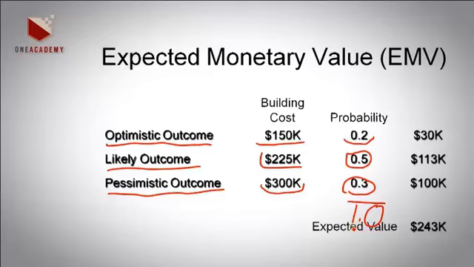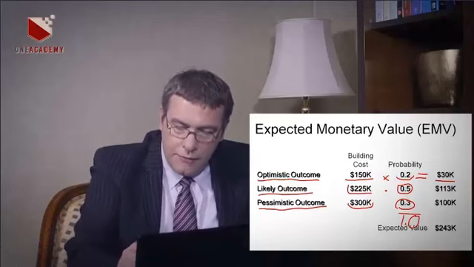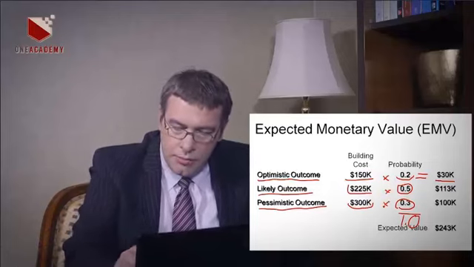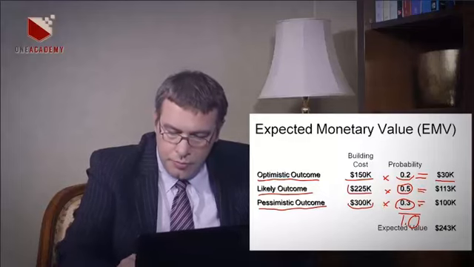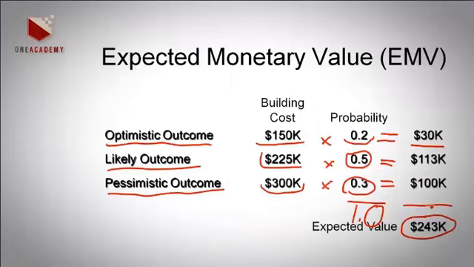So what do we do from now? We have three possible outcomes, we have number values, we have their probabilities, and what do we do? We simply multiply the outcome by the given probability, and we get a weighted result for this given outcome. And when we get this multiplication for all these possible outcomes and we sum everything, we derive the so-called expected value. And in this case it happens to be $243,000 US.